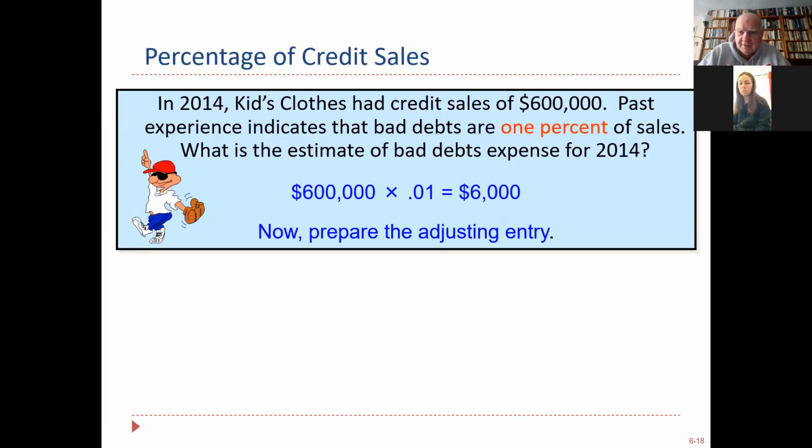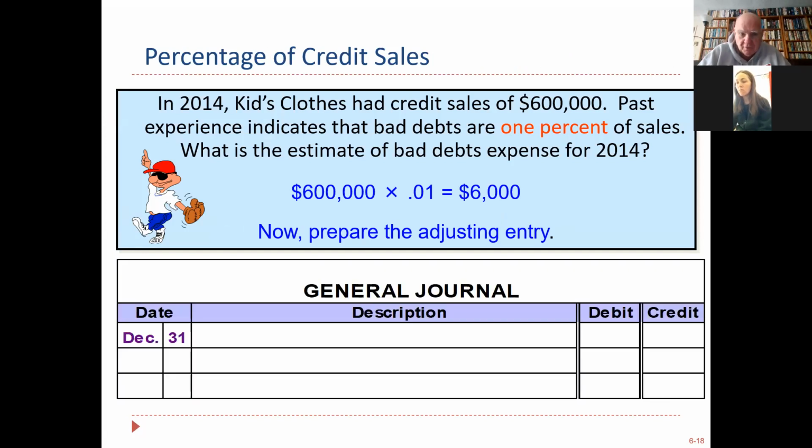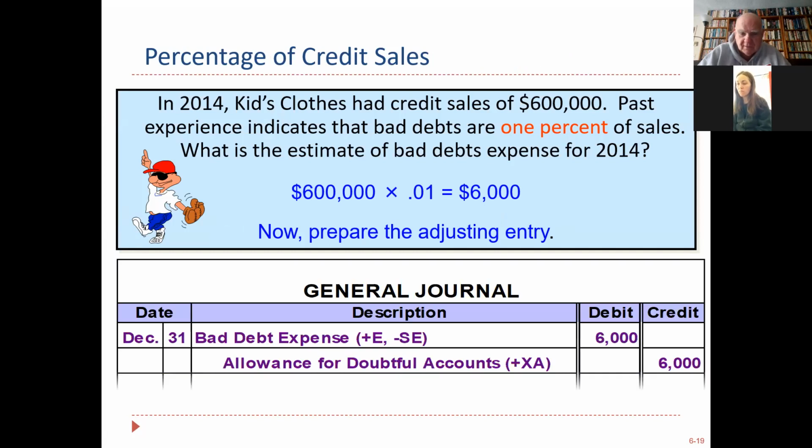Kids clothes, credit sales is 600,000, right? We don't worry about cash sales. 600,000 credit sales, they expect to lose 1% or 6,000. What did we say the journal entry is? Well, we know, right? We debit bad debt expense, and we should know now what you credit: the allowance for doubtful accounts, okay?